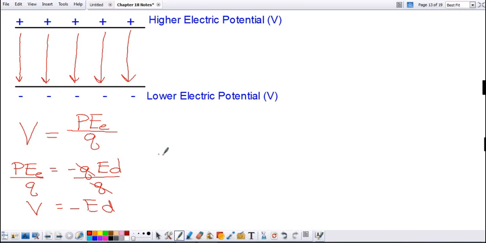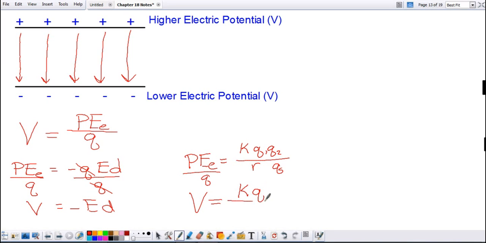Also, we had another equation: the electric potential energy was equal to Coulomb's constant times charge 1 times charge 2 divided by the distance. If we divide both of these by a charge, we're going to have the electric potential is equal to Coulomb's constant times charge divided by the distance.